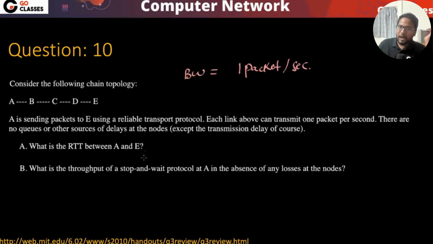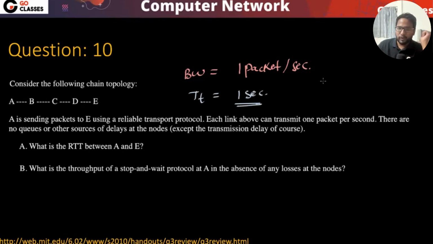Now they're asking what is the RTT between A and E. RTT involves a total time, right? If you send some packet, then till the moment you receive the acknowledgement. The bandwidth is given as one packet per second. So what is the transmission time? Can you tell me the transmission time here? 1 second, isn't it? Why?